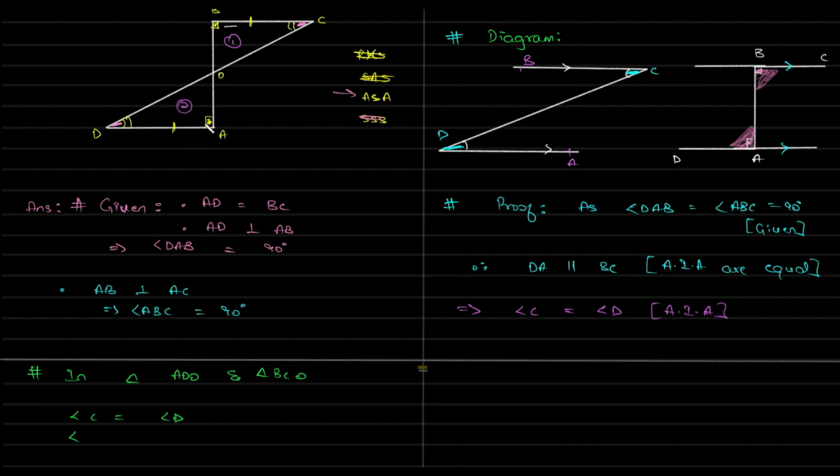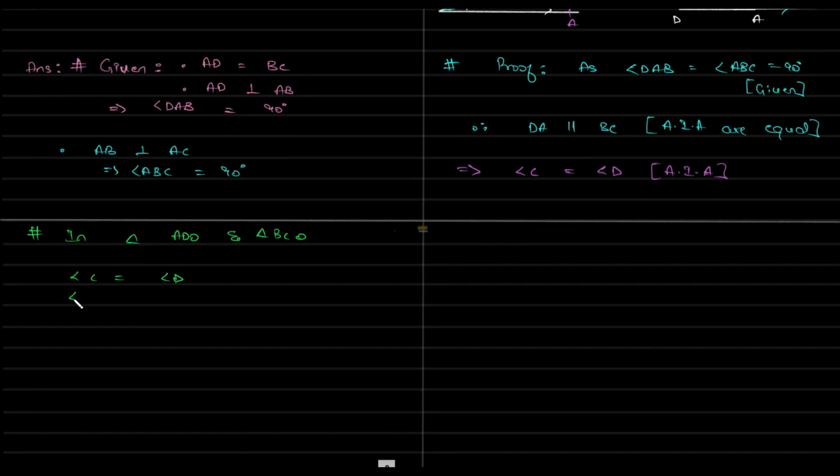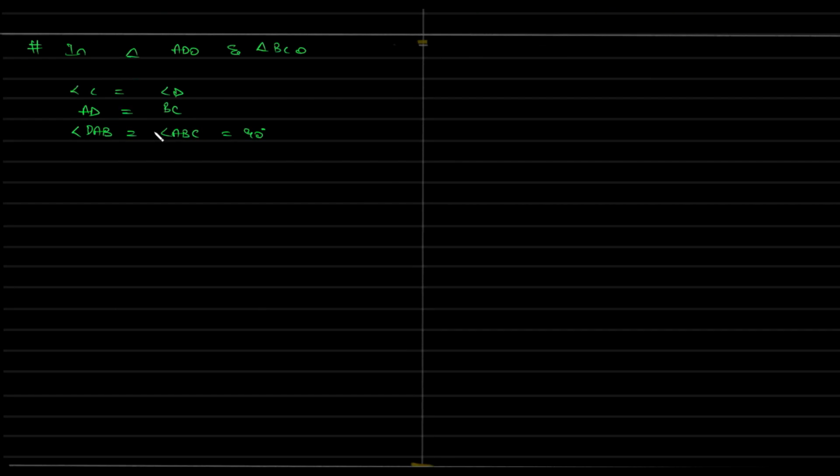Then we have DA equal to BC, and we have angle DAB, which is equal to angle ABC, which is equal to 90 degrees. So all this has been proved.